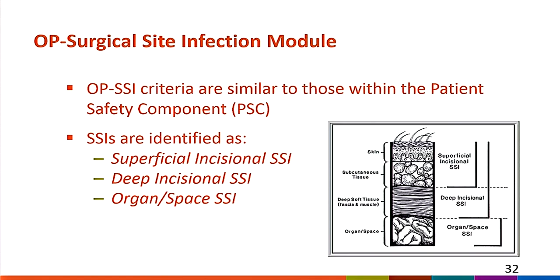Copies of each of these are included in the resource manual, again, that was distributed during the conference. Just like the patient safety SSI protocol, all procedures that are included in the NHSN OPC monthly reporting plan should be monitored for all three levels: superficial incisional, deep incisional, and organ space infections.